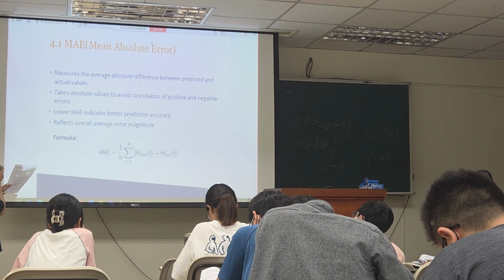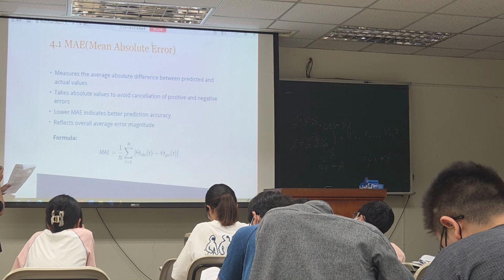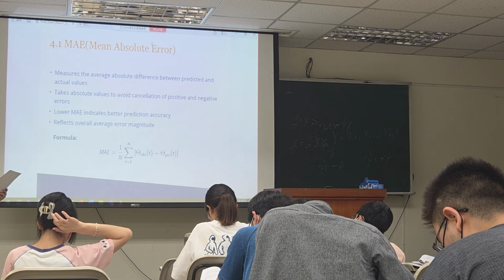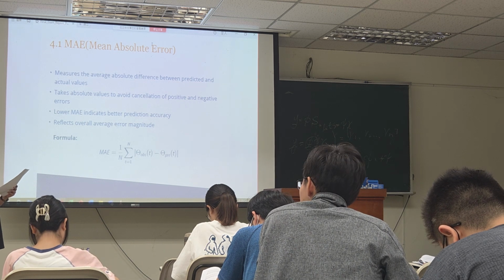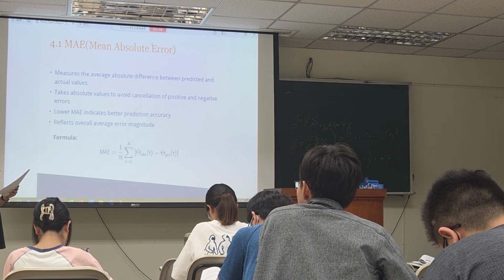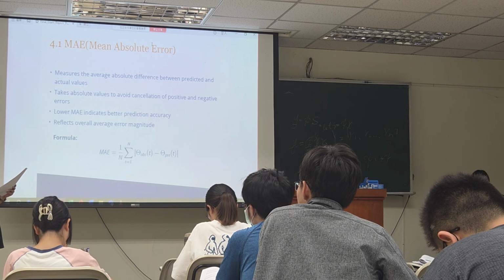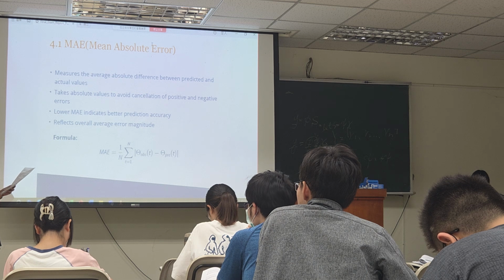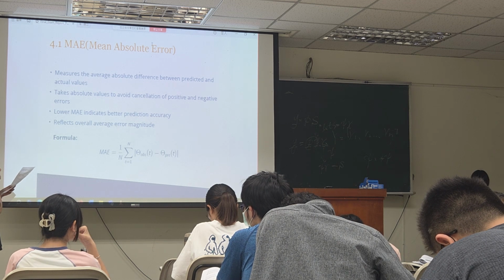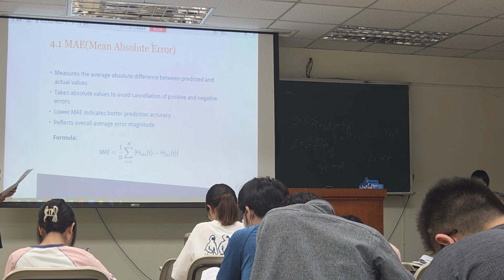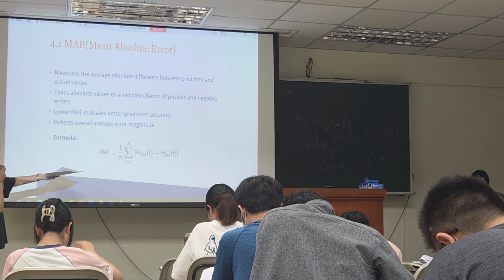This metric tells us the average difference between our reconstructed signal and the original signal. We take the absolute value of the error to avoid errors cancelling each other out. A low MAE means better accuracy. MAE focuses on the overall average error. Here is the formula.